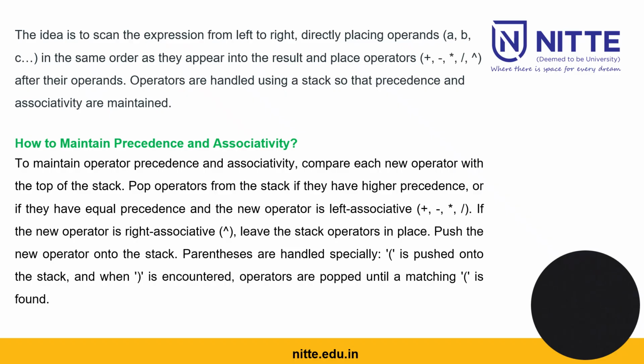So here, to maintain this precedence and associativity, every time a new operator comes, we compare with the top of the stack, and we have to pop those operators from the stack if they have higher precedence, or if they have equal precedence and the new operator is left associative, meaning it is scanning from left side to right side.